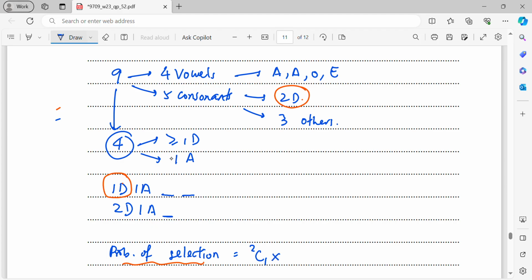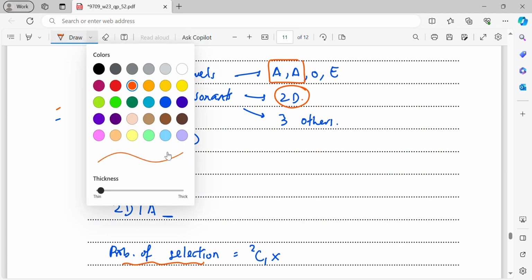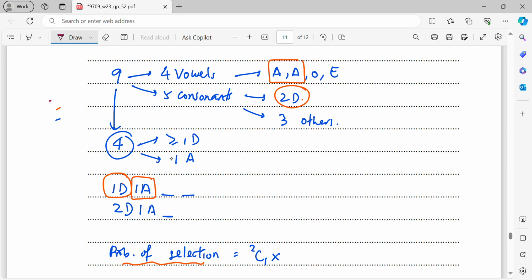And you have 2 A's, so you also choose 1 A, which is 2C1.